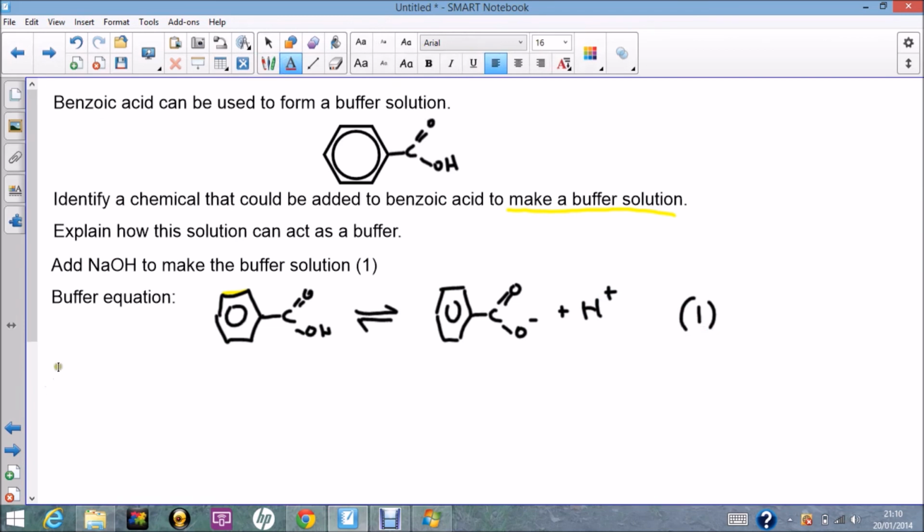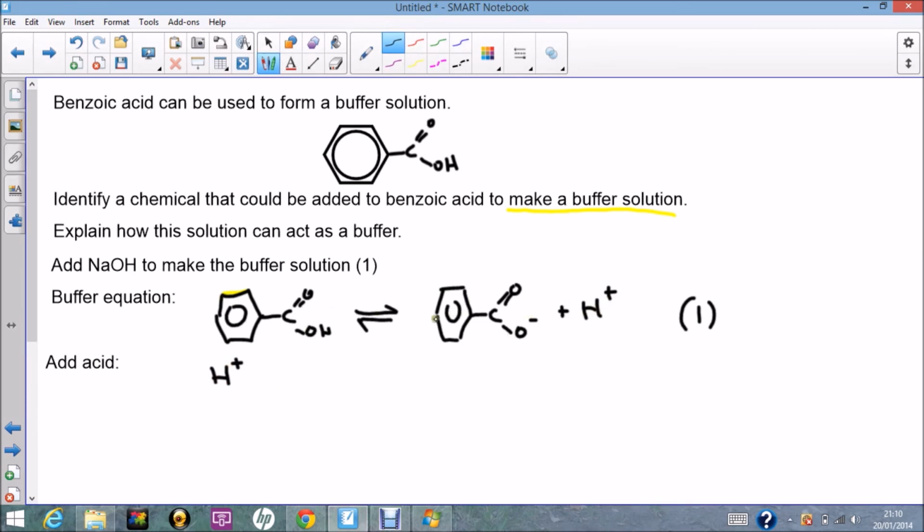And then we need to say what happens when we add acid. So if we're adding acid, then we're adding H plus ions. If we're increasing the concentration of H plus ions, this equilibrium is going to want to shift left to oppose that change.